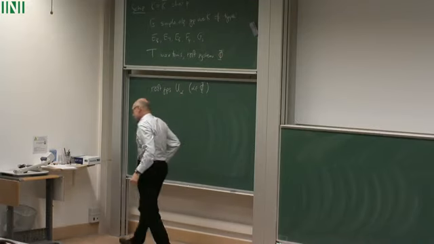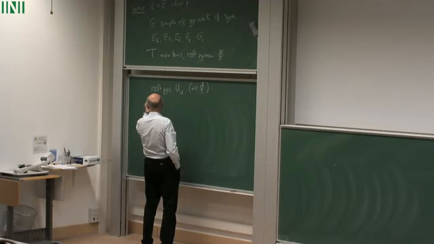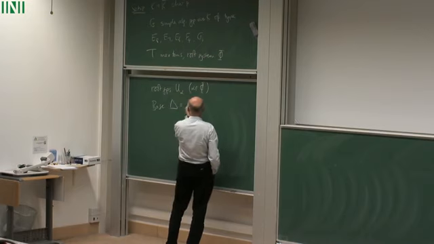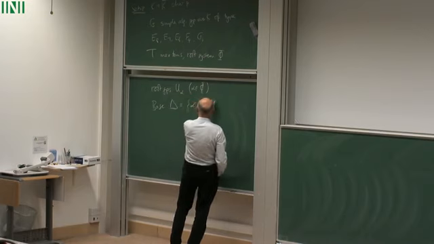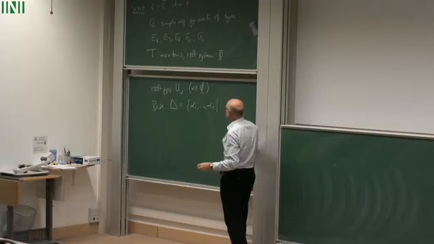What else do I want? Oh yes, I want a base for the root system. I'm not sure if I need notation, but let's have alpha_1 up to alpha_l.